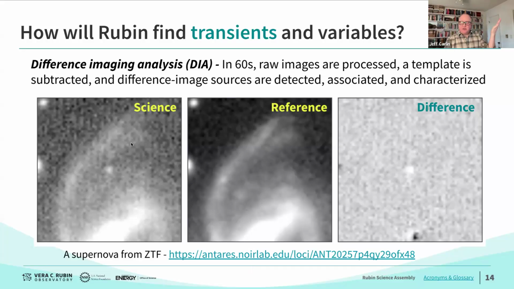And then you take a new image, that's your science image here, which is shallower than your co-added reference image. You scale them appropriately, subtract the reference image from the science image, and are left with this difference image. And here you can see this is an example from the ZTF survey of a supernova in this galaxy. And then we run detection and measurement on these difference images.